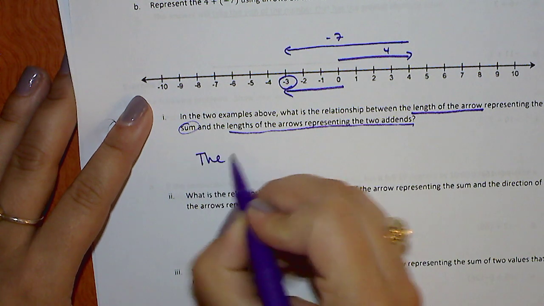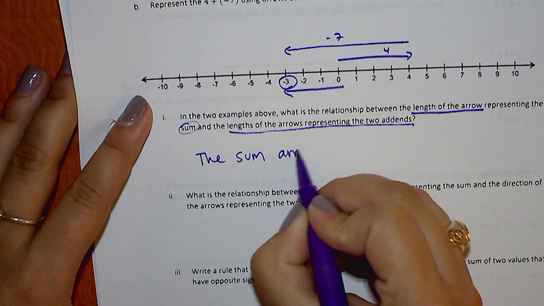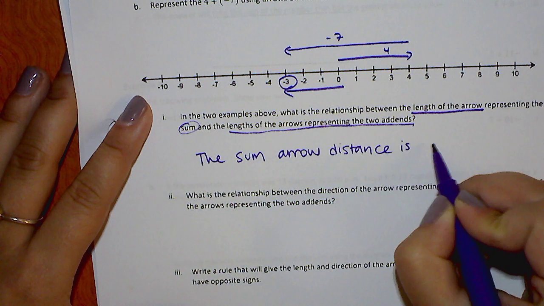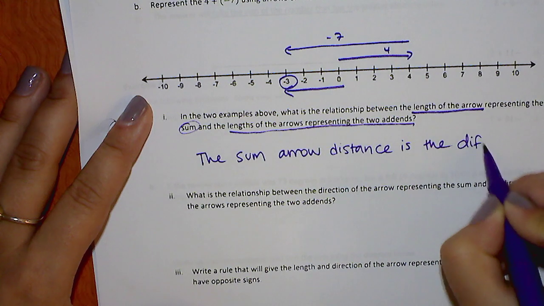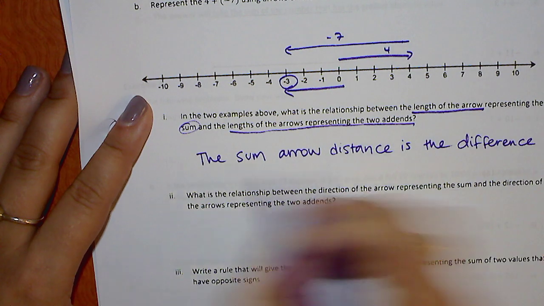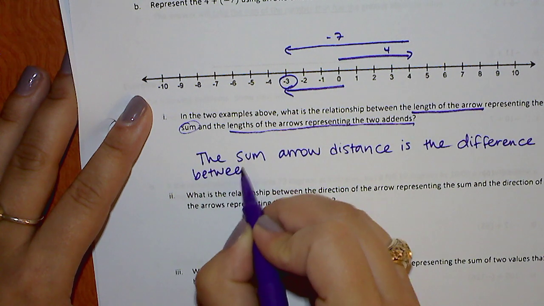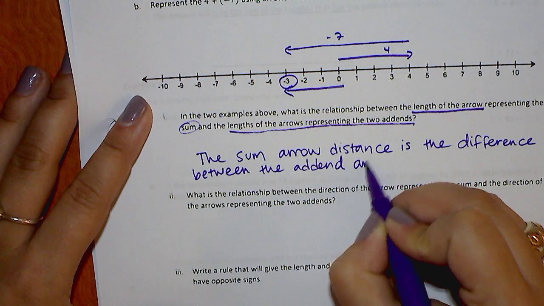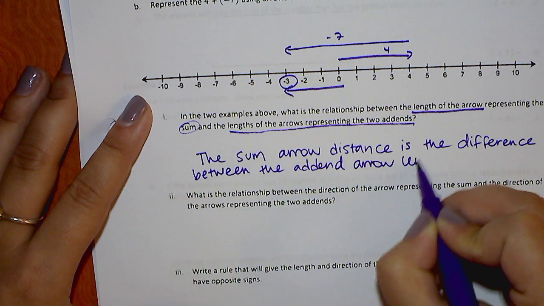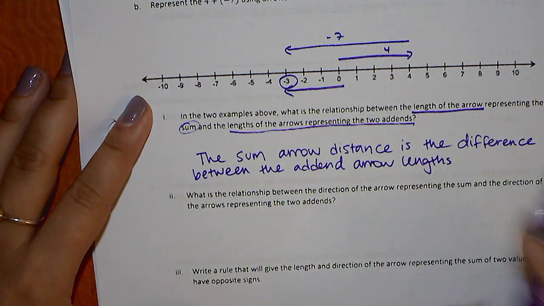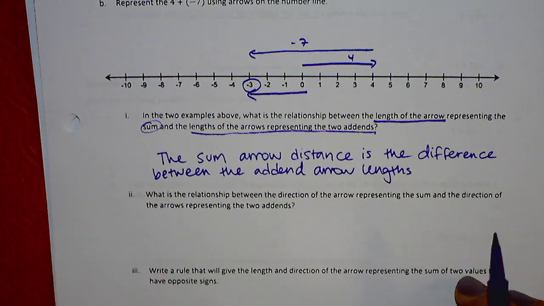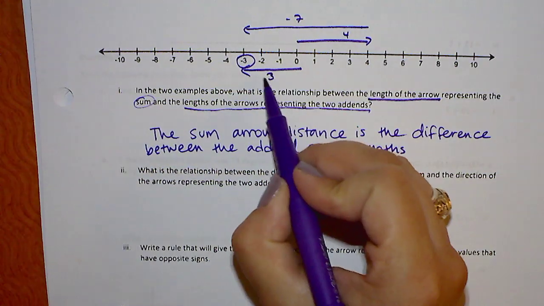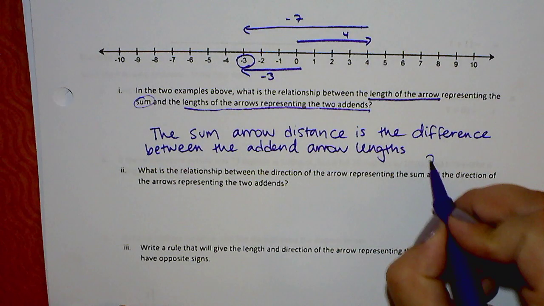The sum arrow distance is the difference between the addend arrow lengths. For example, on this one, we had 7 units long, 4 units long, and this one is 3 units long. 7 minus 4 is 3.